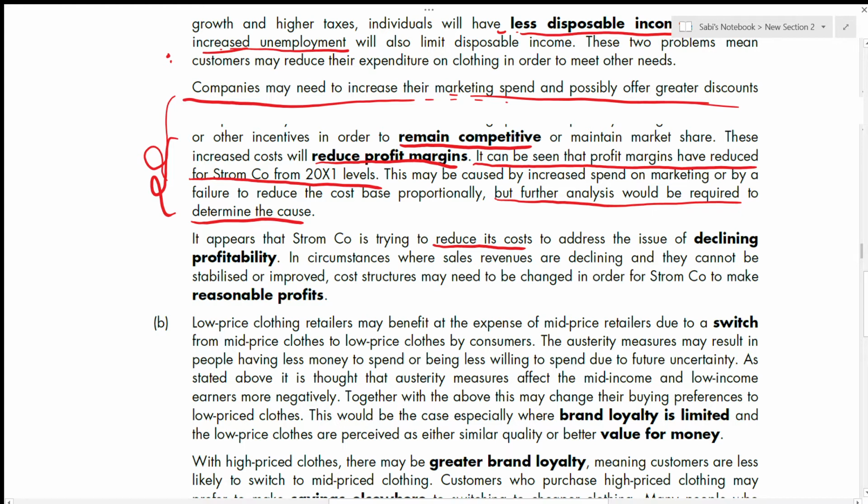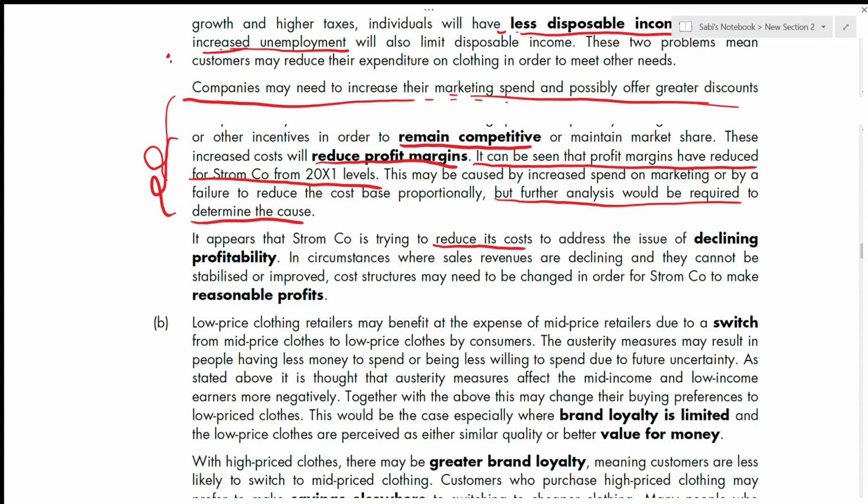So wherever you are in a situation where you cannot maintain or improve revenue, leave the revenue and focus on your cost. You need to change your cost structure to improve your profits.